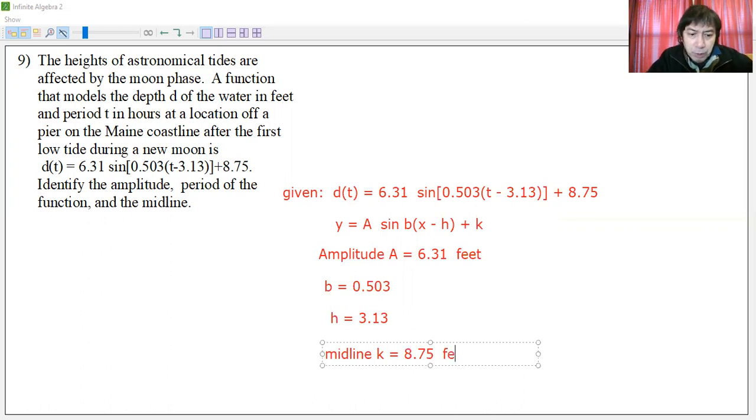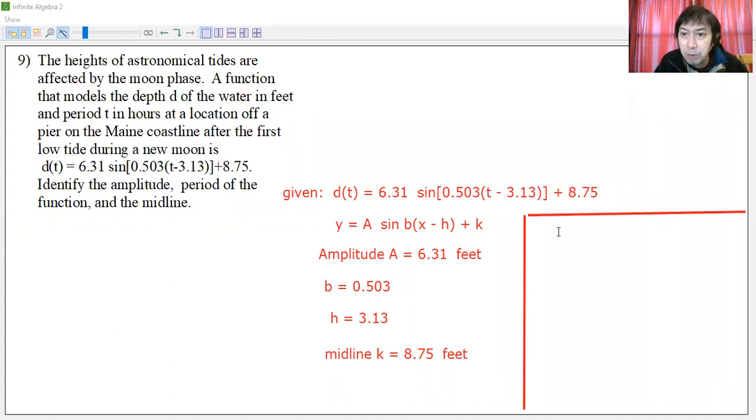This must be also in feet. Okay? All right, we can readily solve for maximum and minimum for the waveform, but it's not required. Instead, we are required to get the period of the function. All right, so we can do that at the right side, okay. We'll just do it over here.